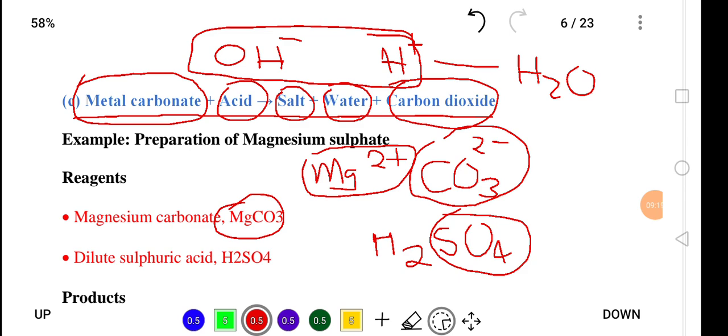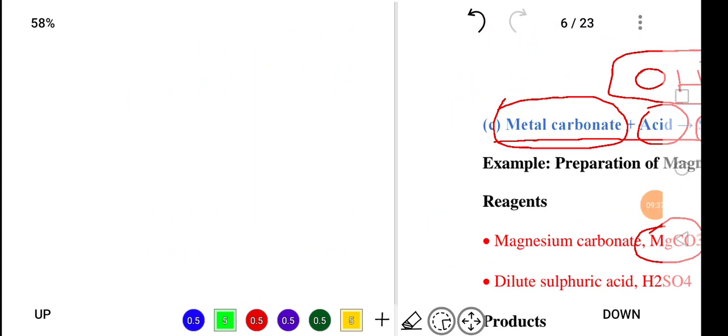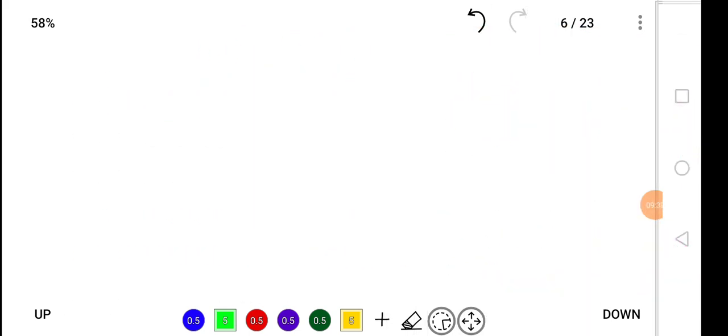Now, when that happens, we are going to remain with hydrogen ions and the carbonate. The presence of hydrogen ion and the carbonate is going to cause the following to happen.